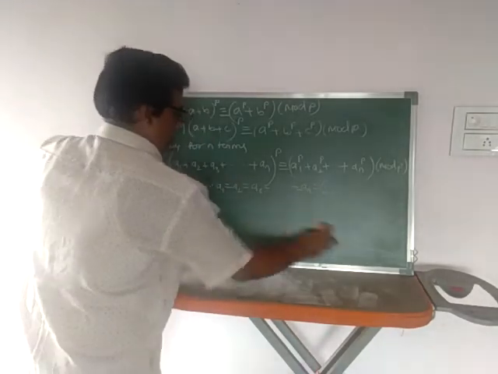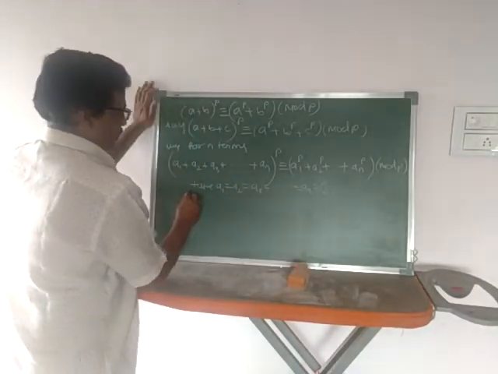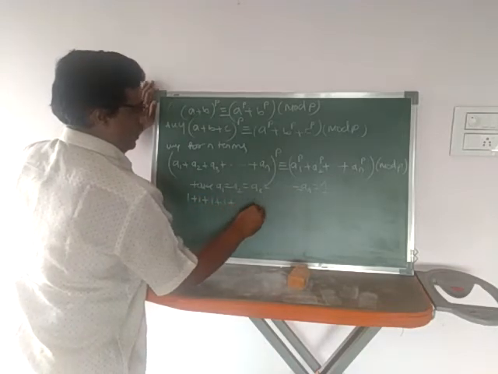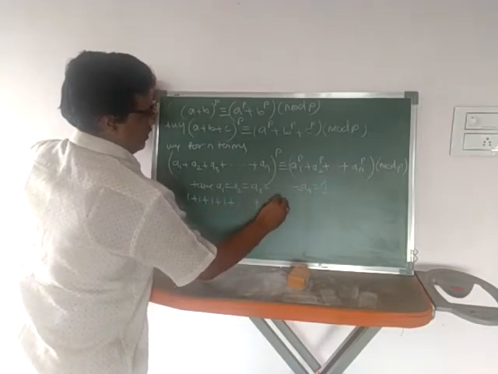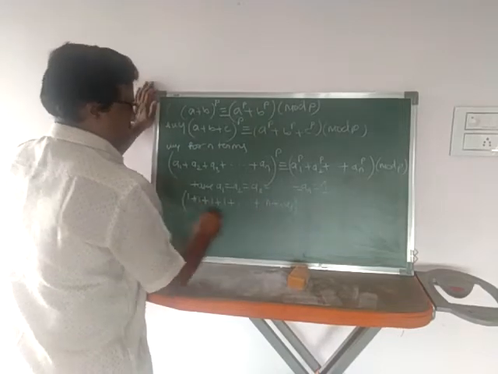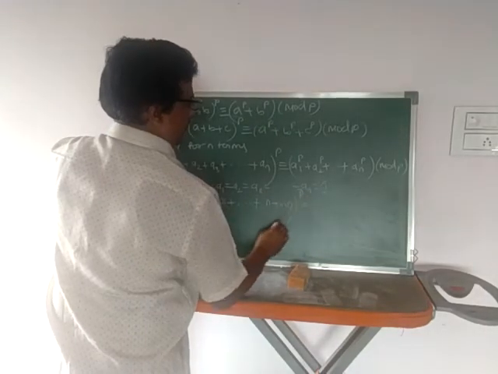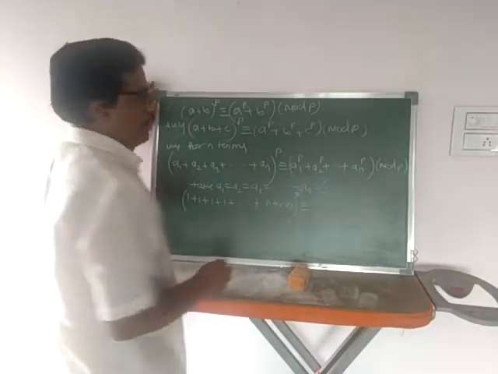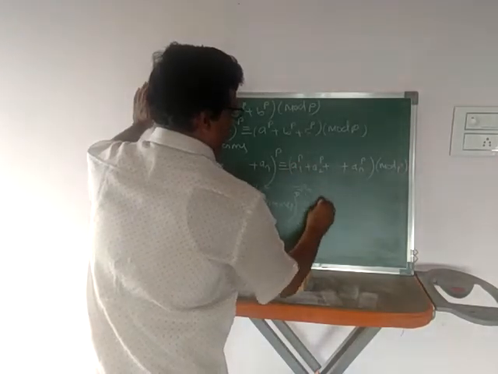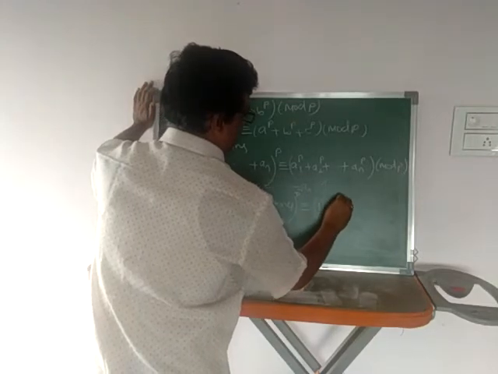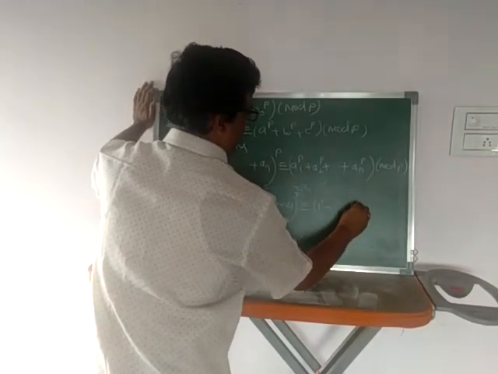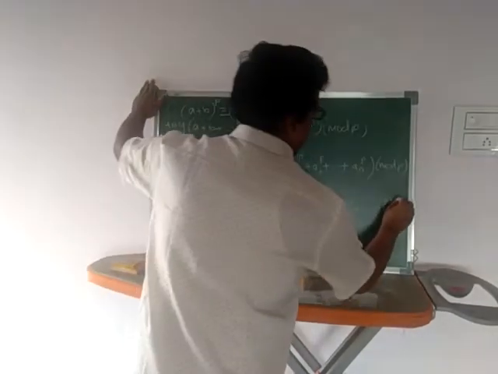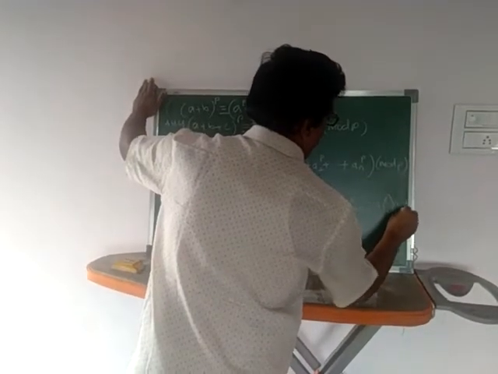So then what it gives, (1 plus 1 plus 1 and so on up to n times) whole raised to p is congruent to, similarly here, 1 raised to p plus 1 raised to p plus 1 raised to p and so on up to 1 raised to p, mod p.